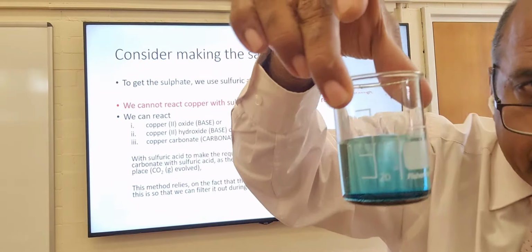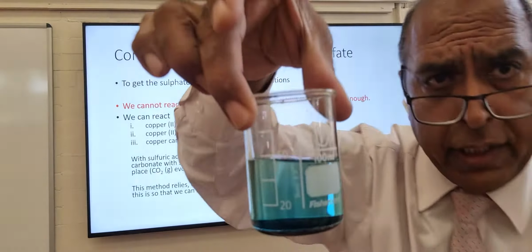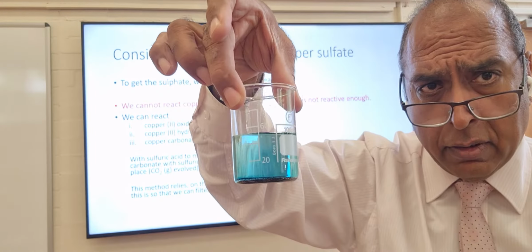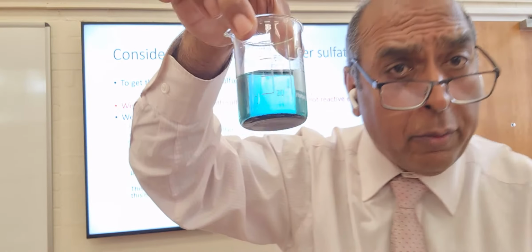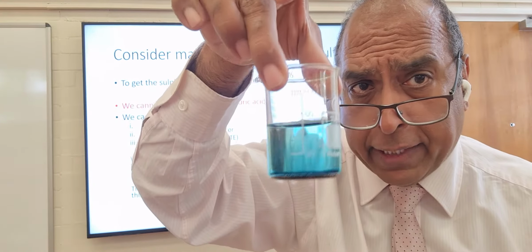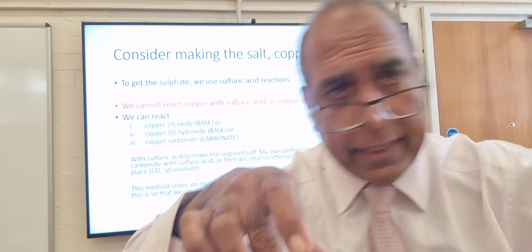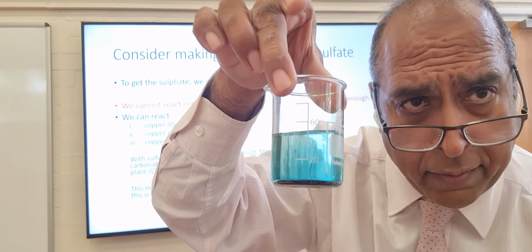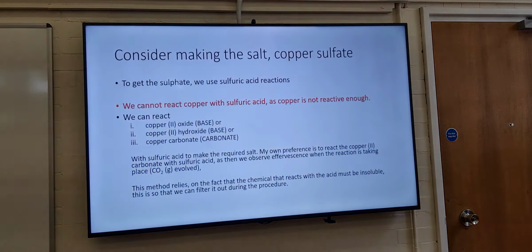That was the cold acid with the copper oxide base. You see, there is bluiness, like you are making copper sulfate. The reaction was slower, there was no fizzing, but that reaction can be used. You keep adding copper oxide, keep adding it until all the acid has reacted away, and then you filter, just like you saw me do there.